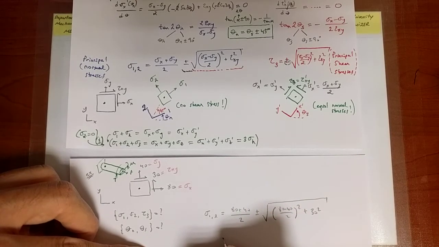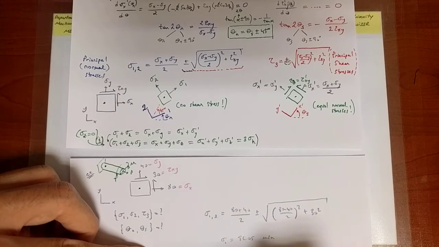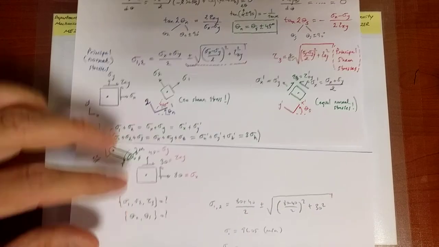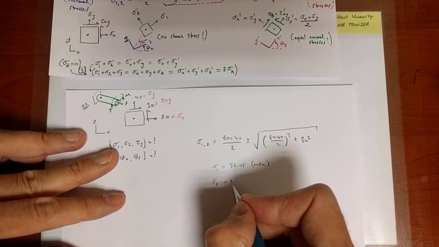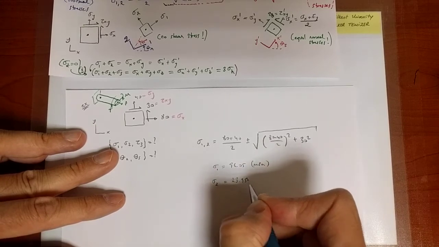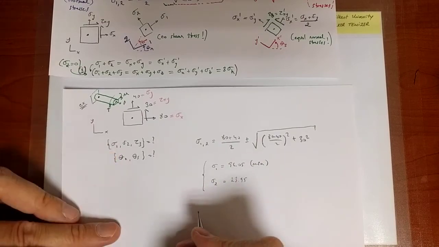That's going to give you two values. You'll obtain sigma 1 equals 96.05 MPa. Everything is in MPa, I'm not denoting it. And sigma 2 is equal to 23.95. Okay, that takes care of the principal normal stresses.